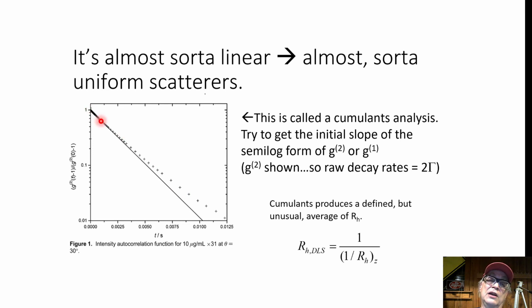That's a well-defined thing. That initial slope gives you a hydrodynamic radius, which I have not yet told you what that is, but I will in a minute. That is 1 over the z-average of 1 over the hydrodynamic radius of each of the particles. Oh my goodness. All right, so that's something we can usually do pretty easily.